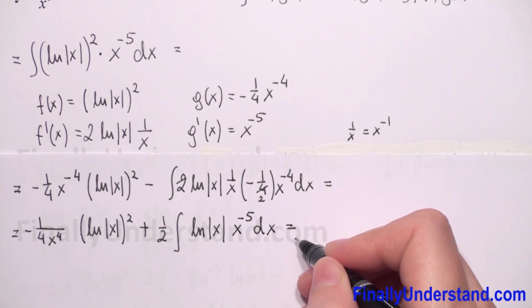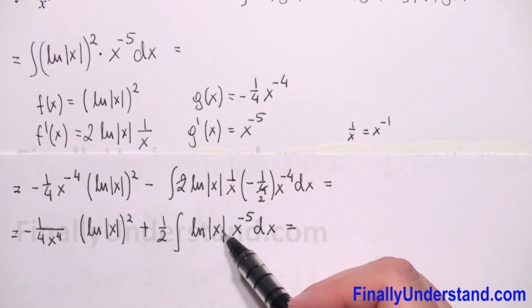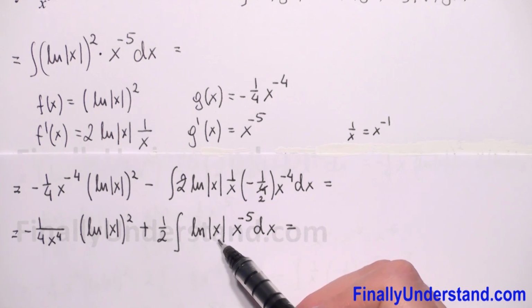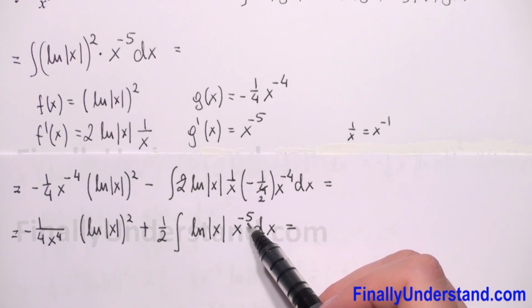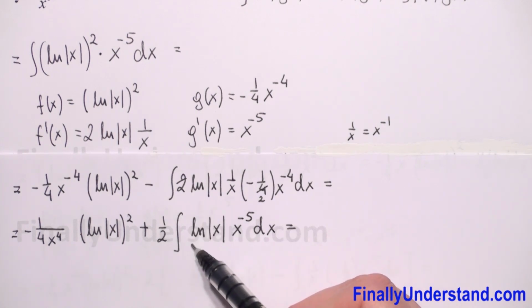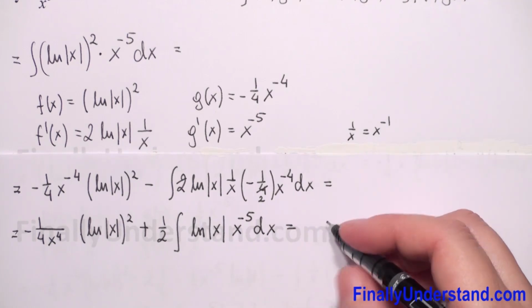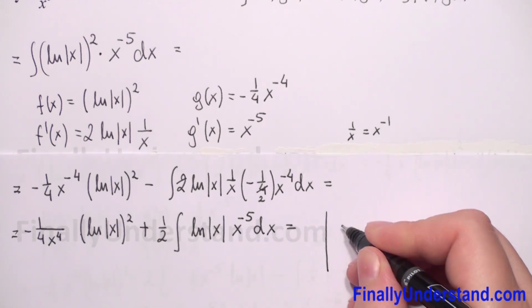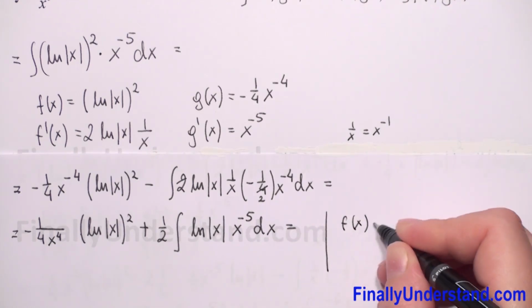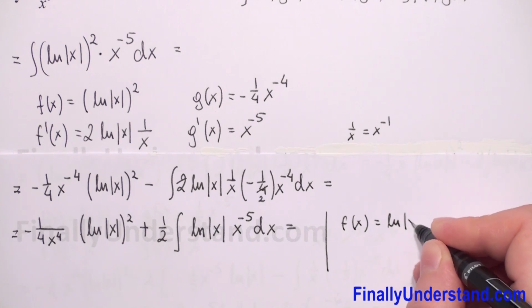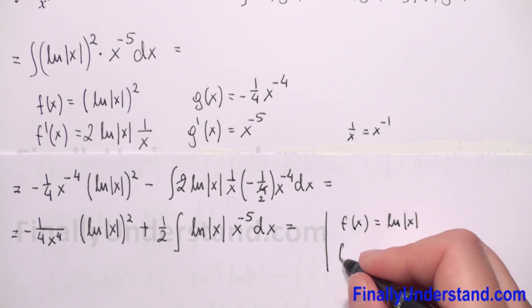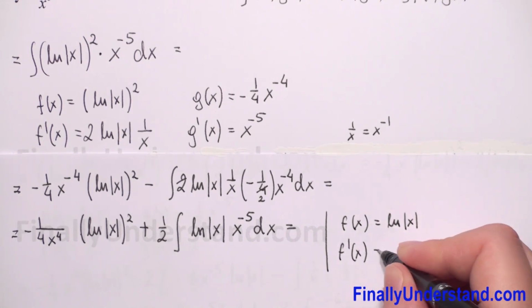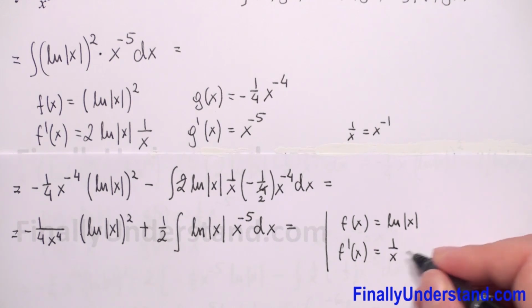So this is equal, again, because we have now the natural logarithm of the absolute value of x times x to the negative fifth power. To reduce this natural logarithm, I will put that f of x is equal to the natural logarithm of the absolute value of x. So f prime of x is equal to 1 over x.